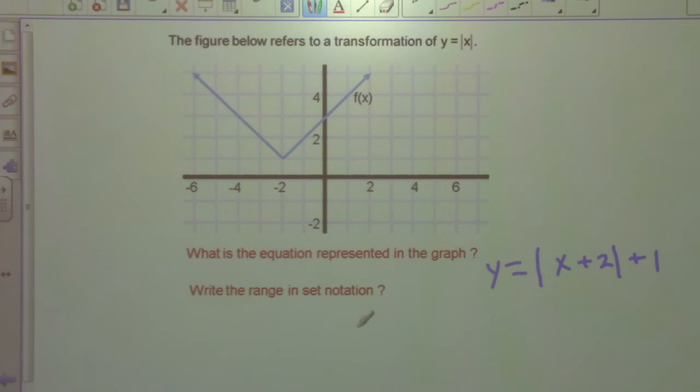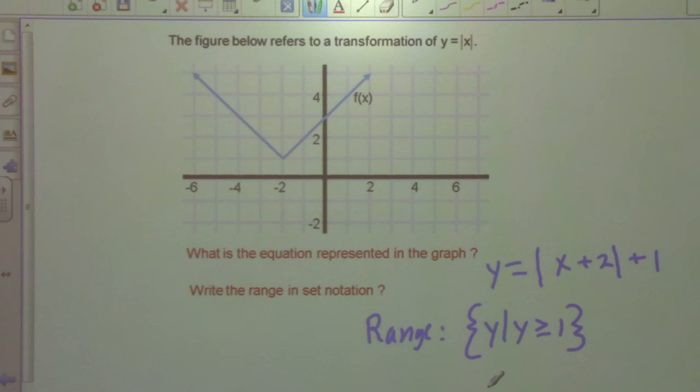Okay, what is the range in set notation? So range is going to be what? One to infinity. Okay, set notation: y such that y is greater than or equal to 1.